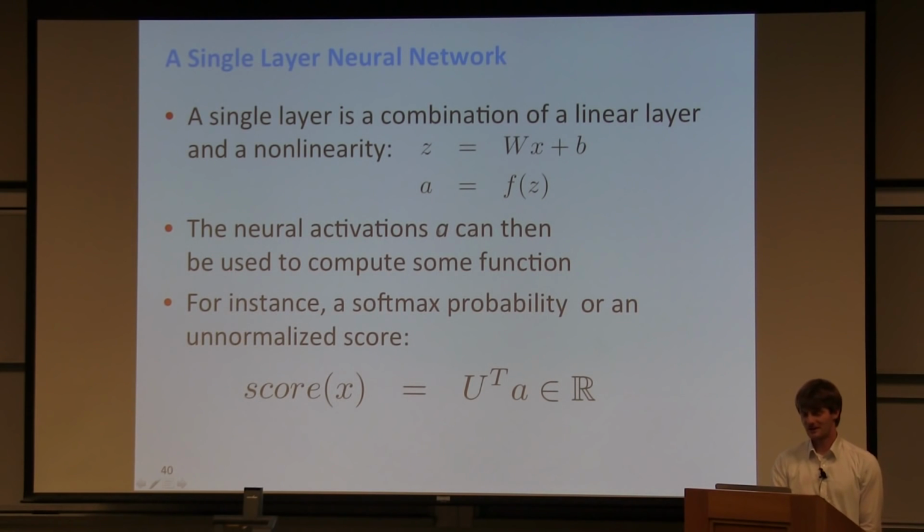And now the neural activations, which we often call a, can be used to compute some other function. This could be the softmax, which we used before, but it could also be just a very simple unnormalized score. We're going to want to say that maybe the score for x should be very high if the center word in the window that is defined by x is a location, for instance. We'll soon get to why we might want to use just a score instead of the softmax, but intuitively, we could also use the softmax.